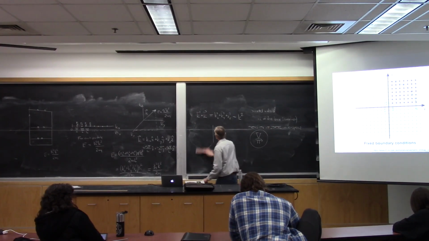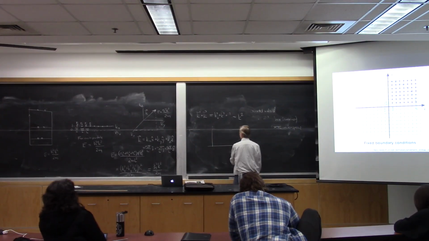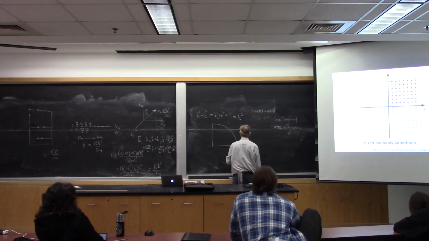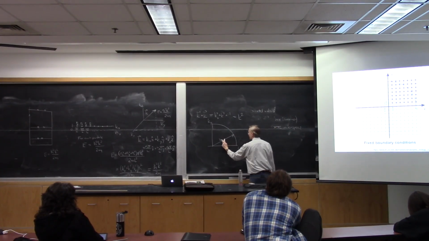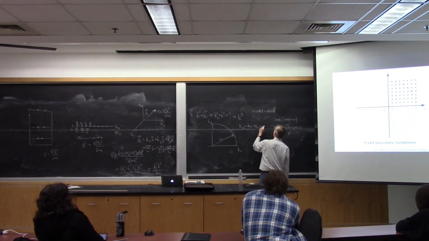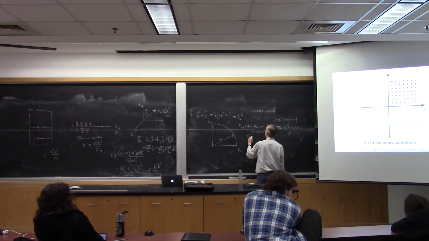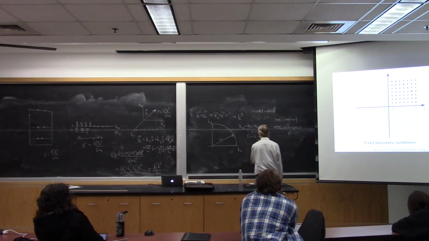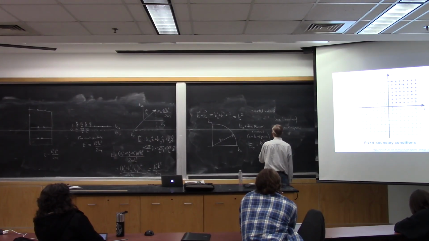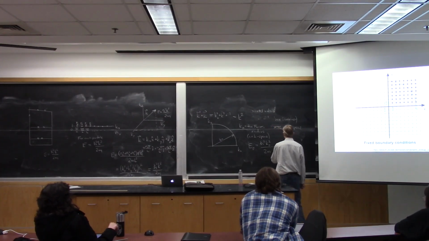So for our plot there, that's radius k sub f, the Fermi radius, in k space, and the energy corresponding to the k values on that circle, h bar squared k Fermi squared over 2m, is the Fermi energy.